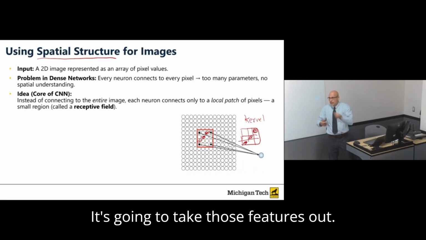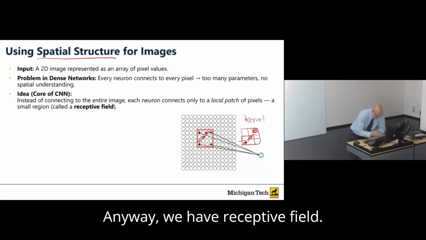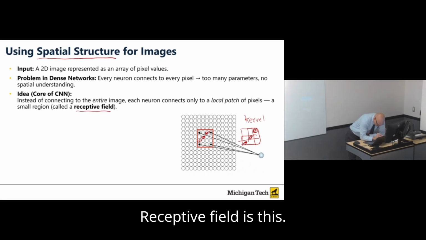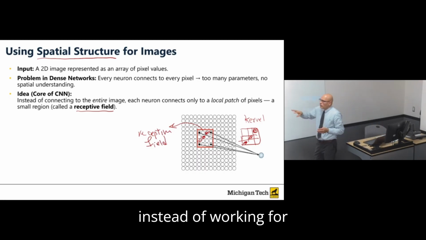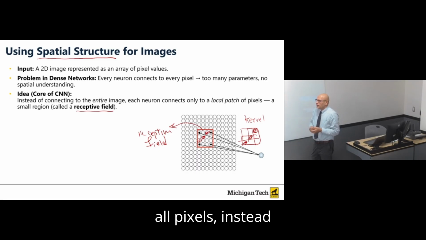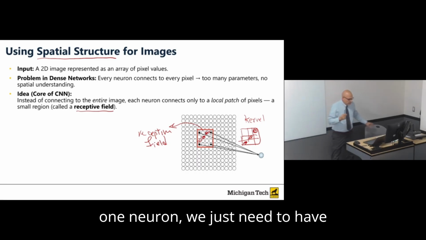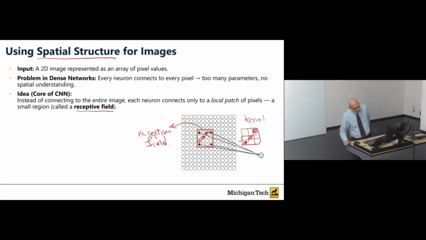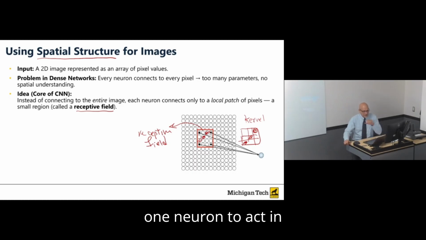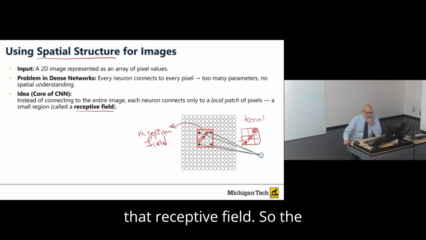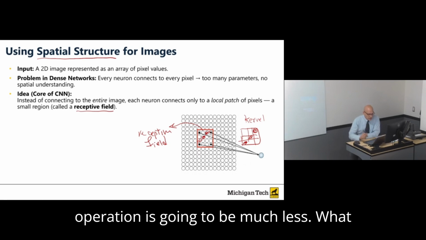It's going to take those features out. Anyway, we have the receptive field. So instead of having one neuron for every pixel, we just need one neuron to act on that receptive field. So the operation is going to be much less.